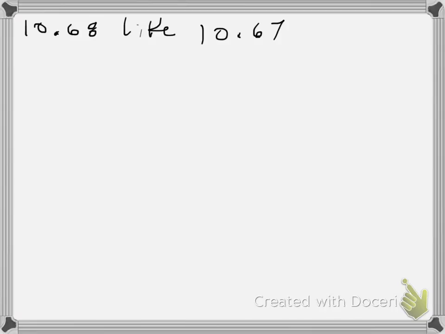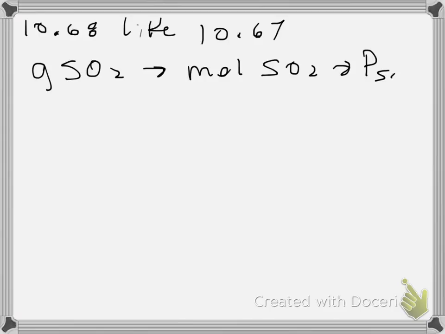B, same question for N2, and then C, what is the total? Well, basically, you've got grams of SO2, which you're going to have to convert to moles SO2. And then once you get that information, given that you're going to put it in that 10-liter vessel at 25 degrees Celsius, then you can get the partial pressure of SO2.